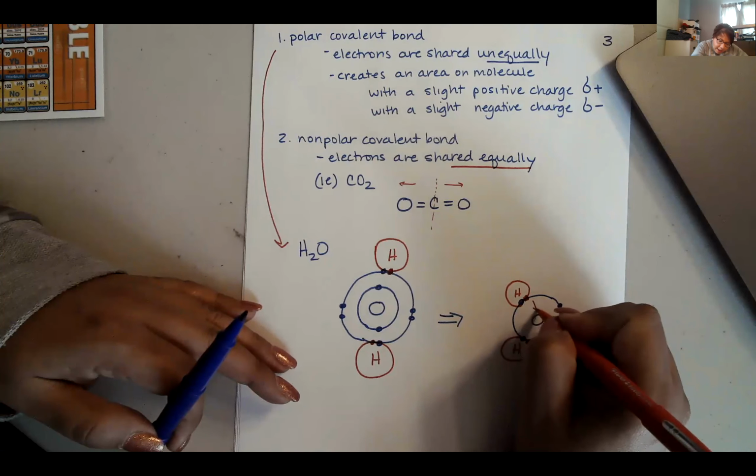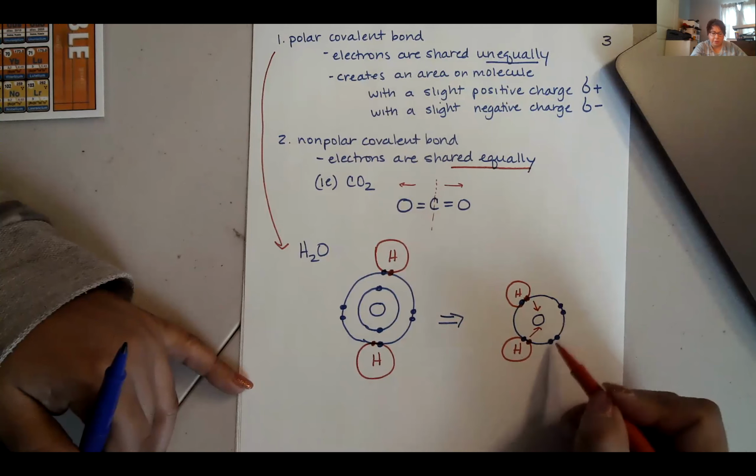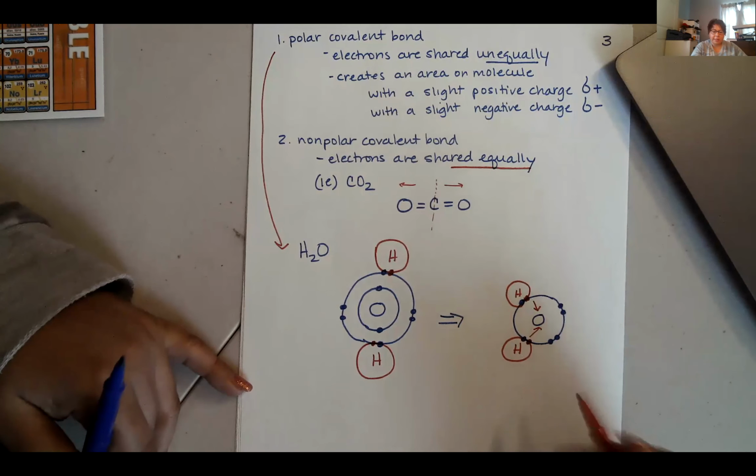So remember that electrons have a negative charge. You have these 2 sets of unpaired electrons that are negatively charged, plus oxygen pulling shared electrons closer to itself. So you end up with this side of the molecule having a slight negative charge, because most of the electron charge is on that side of the molecule.